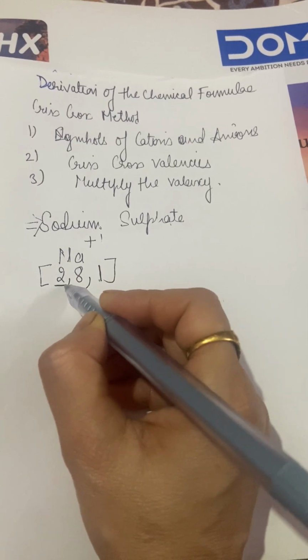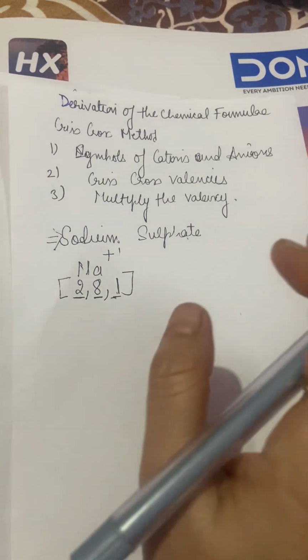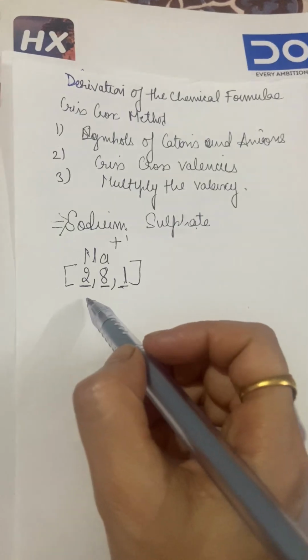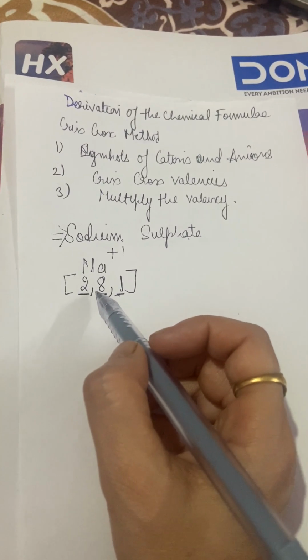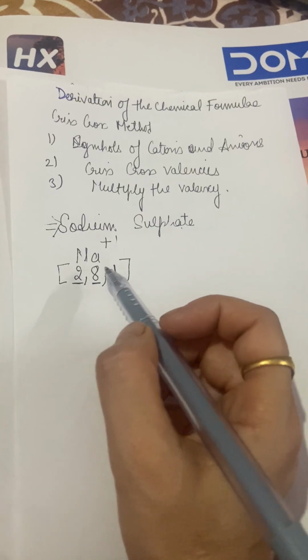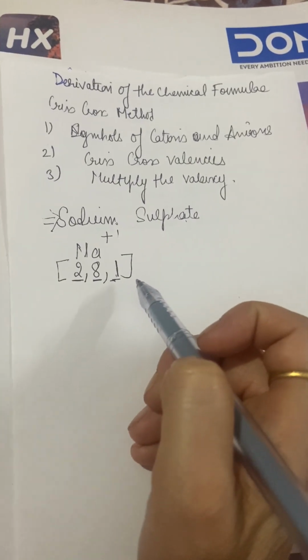So the first shell is K, the second shell is L, and the third shell is M. Now you all know that noble gases always have a stable electronic configuration due to the presence of 8 electrons in the outermost shell.